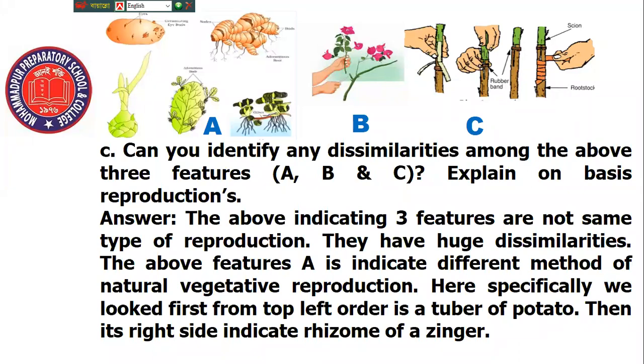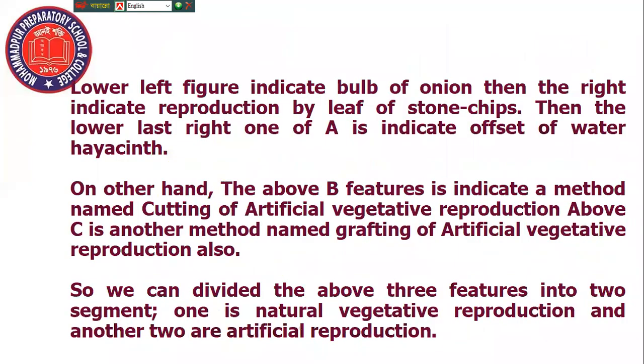You must identify what is A, B, and C. Specifically, from the top left we first see a tuber of potato, then on the right a rhizome of ginger, and the description is like this. I am not telling you in a bookish way; I just provided it in this presentation. I will send it to the science WhatsApp group. Don't write or concentrate here, you will find it, okay?